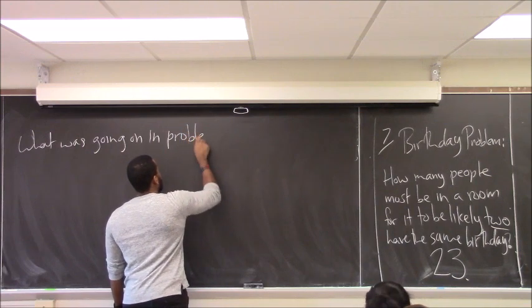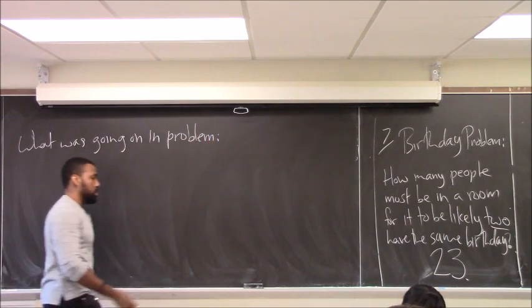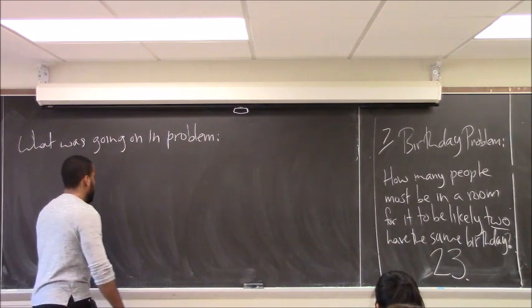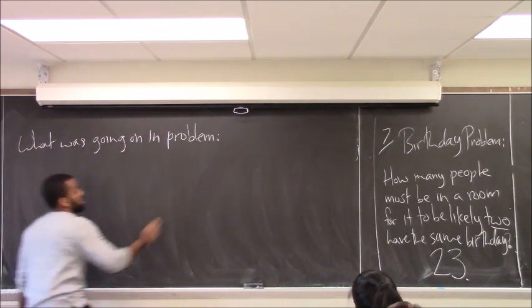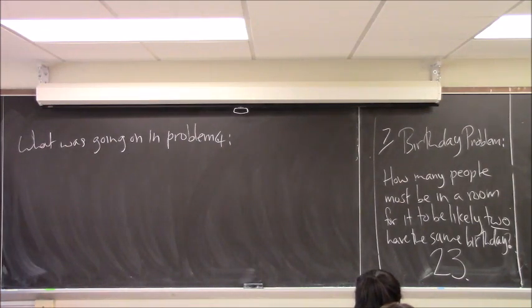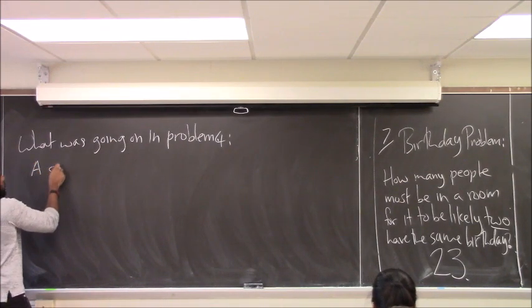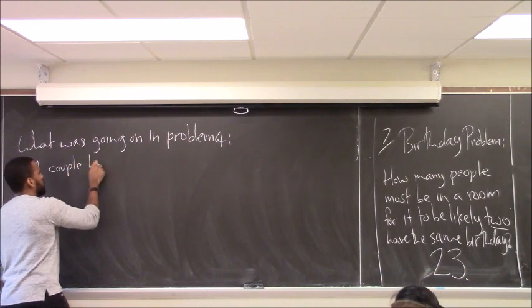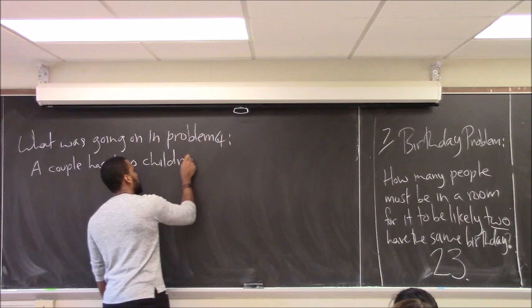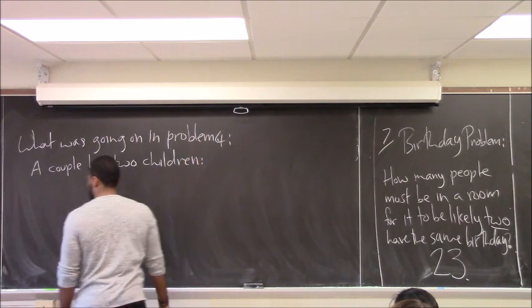Now, when you want to solve a probability problem, it's going to depend on how you want to set it up. So in problem 4, we have a couple that has 2 children. I'm going to look at this in a particular way.